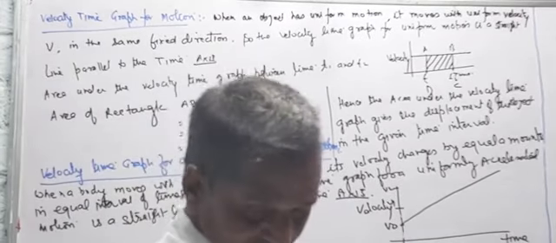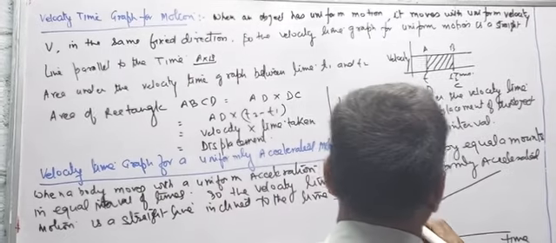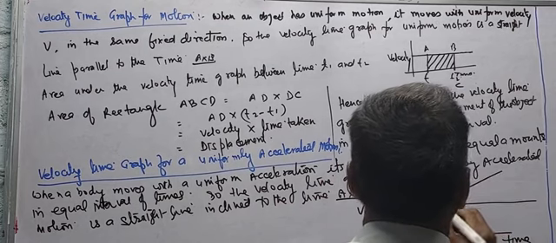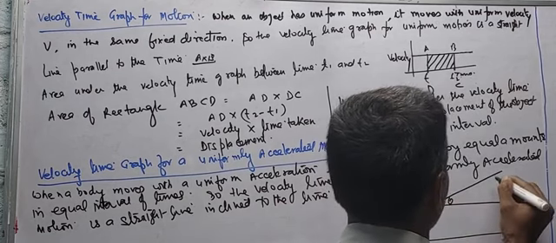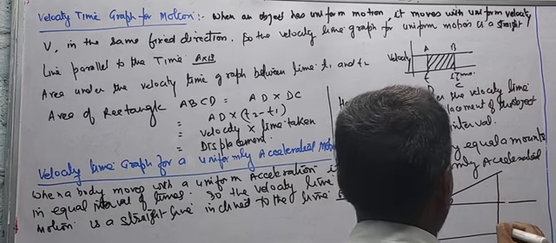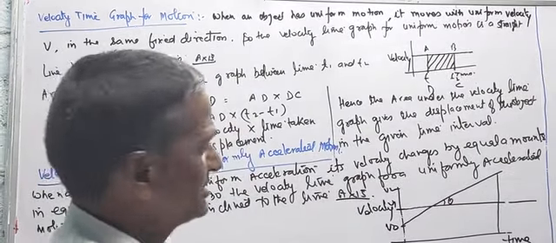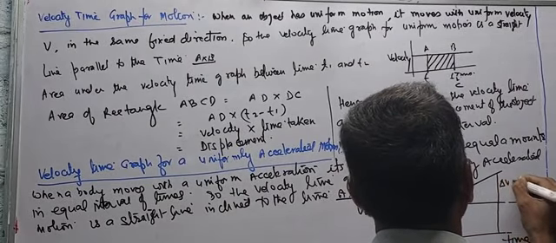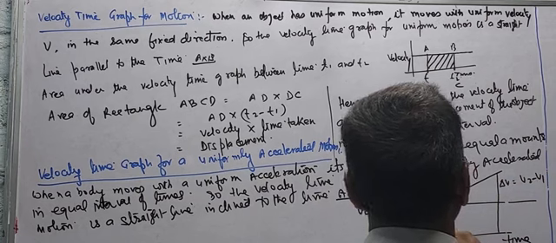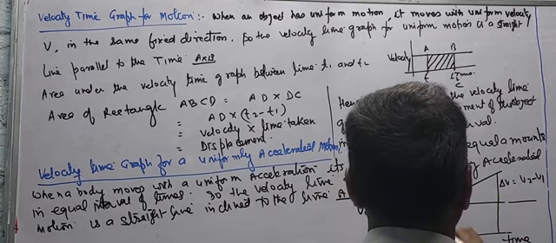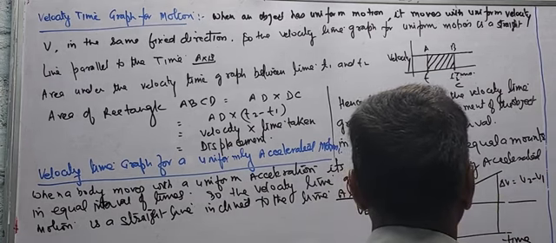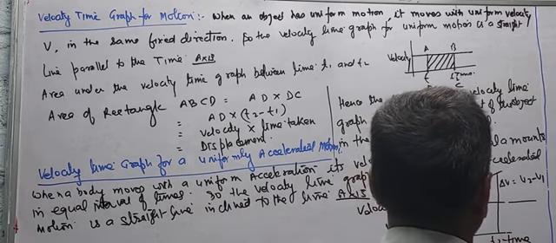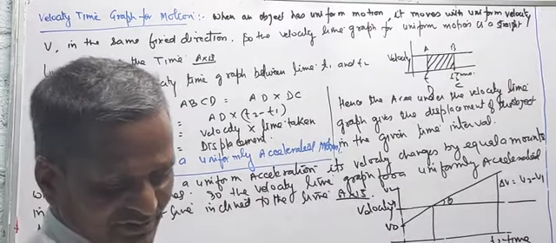We put a perpendicular from v1 with angle theta, and we take a perpendicular on the time axis. Delta v equals v2 minus v1, and this is t1, t2, delta t equals t2 minus t1.